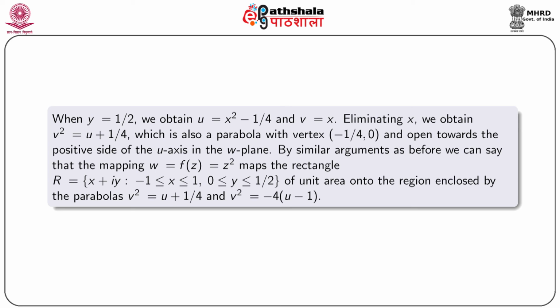Eliminating x, we obtain v square equal to u plus 1 by 4, which is also a parabola with vertex minus 1 by 4, 0 and open towards the positive side of the u axis in the w plane. By similar arguments as before, we can say that the mapping w equal to f(z) equal to z square maps the rectangle R of unit area onto the region enclosed by the parabolas v square equal to u plus 1 by 4 and v square equal to minus 4 into u minus 1.